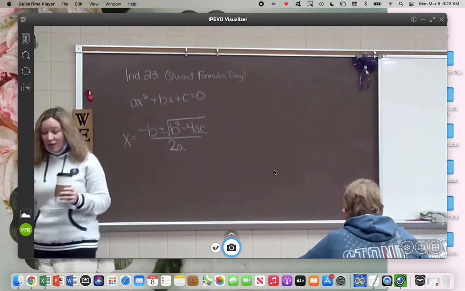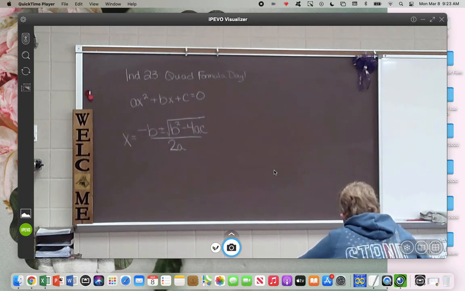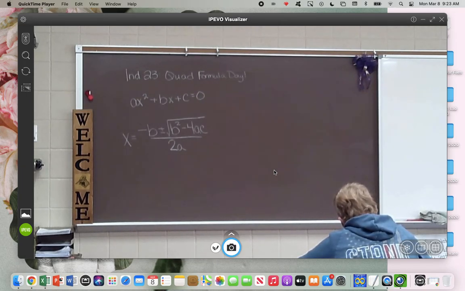Whenever we plug these in, we will plug in our numbers for a, b, and c. You see a b twice. The formula is negative b, or I always like to say the opposite of b, and then that plus or minus symbol that we talked about on Friday.